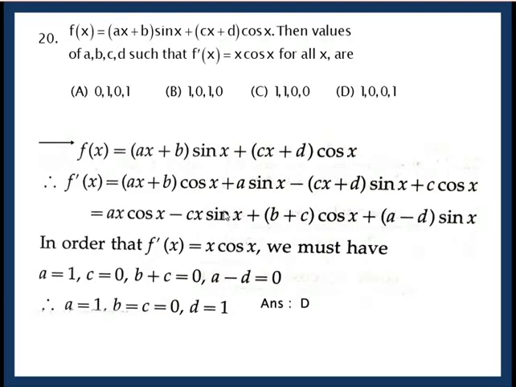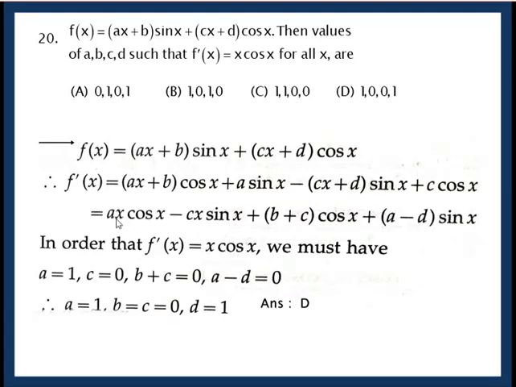Now next step is important. See how I have written this. ax cos x minus cx sin x plus there is a term in cos x with coefficient b plus c, and sin x has coefficient a minus d. In order that f dash of x is x cos x, we must have a equal to 1. Why?